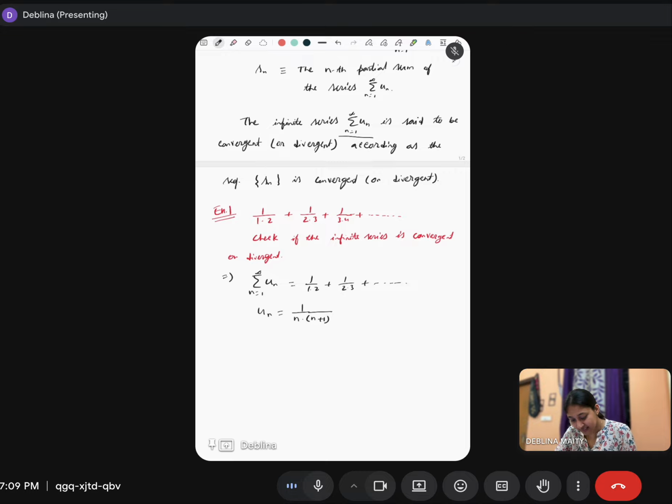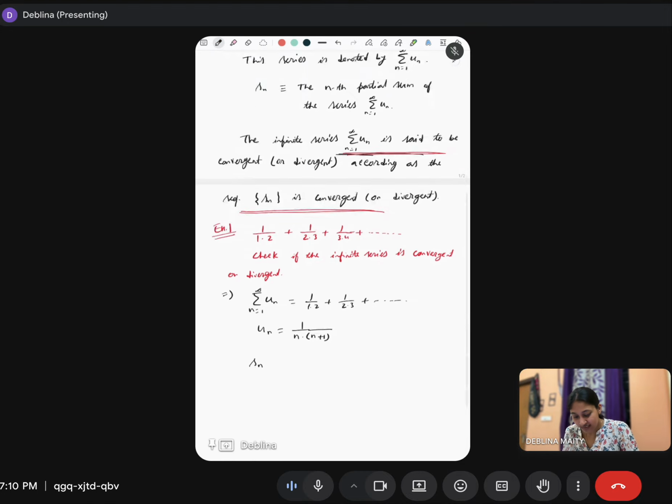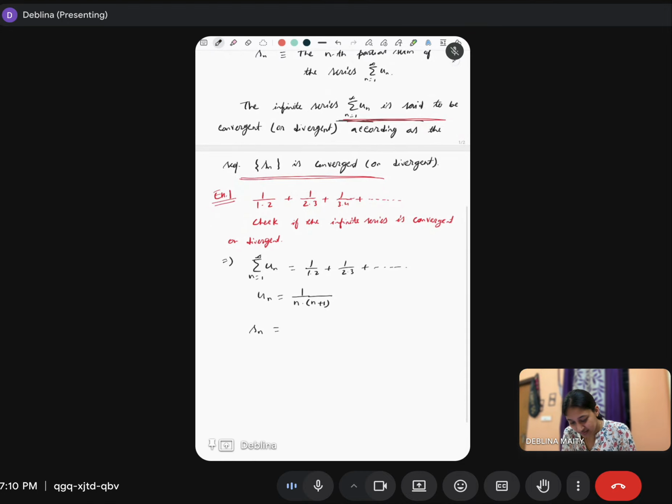Now for convergence or divergence of this series, we have to check the partial sums, the sequence Sn. So what is Sn here? Sn is the nth partial sum, U1 to Un.